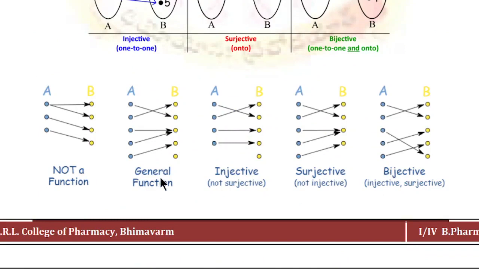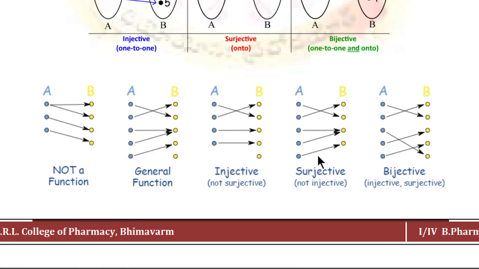In this case, it is a function. It is injective, that means a one-to-one function. Each point is related to a single point in set B. That means it is a one-to-one function.